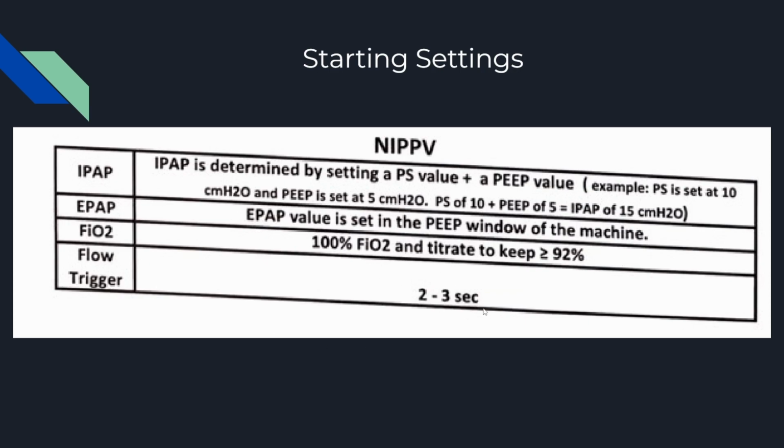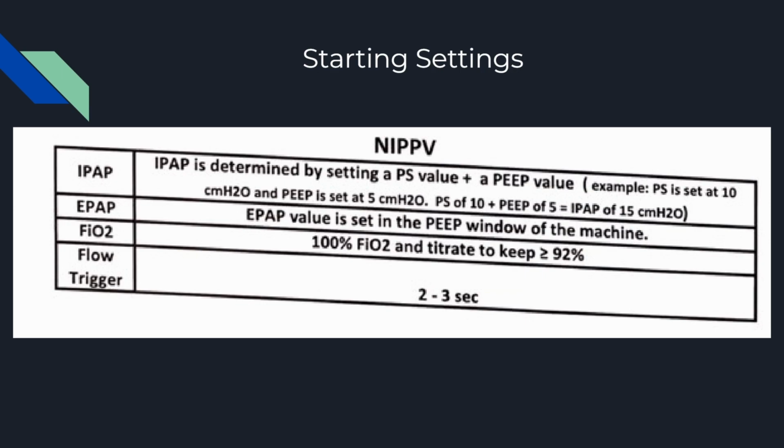And then flow trigger again, 2 to 3. If you find that they're taking shallow breaths and the machine's not triggering a breath, like they're taking a super shallow breath and it doesn't notice that they took it and it doesn't help them, then you may have to turn it down so that they have to pull less force to trigger the machine.